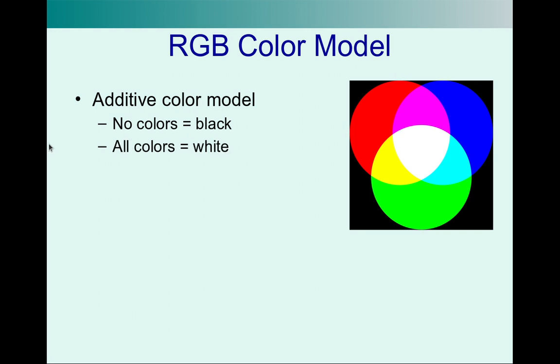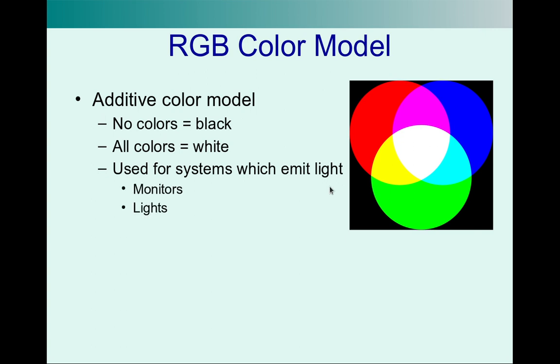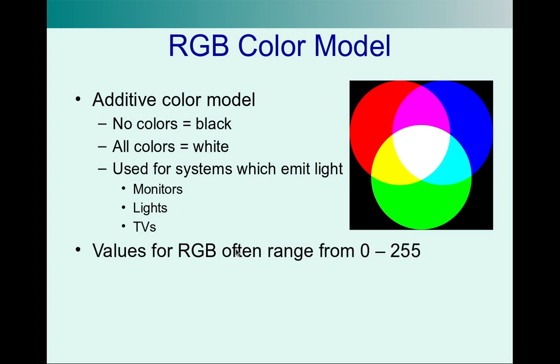And if all the colors are present, we'll see a white color. So this effectively generates different shades of colors by adding different wavelengths of light, and that's why it is used for systems which emit light. For example, monitors, lights, TVs, etc.